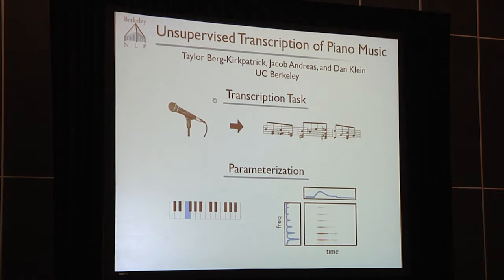The first, on the top in blue, is the temporal response of this particular key, which has to do with how the hammer strikes the string. The second thing, on the left in blue, is the frequency response of this particular note, which has to do with the acoustic properties and the resonances within the particular piano. So these are parameters of the recording environment and of the piano that we don't know ahead of time and that we're going to have to learn.